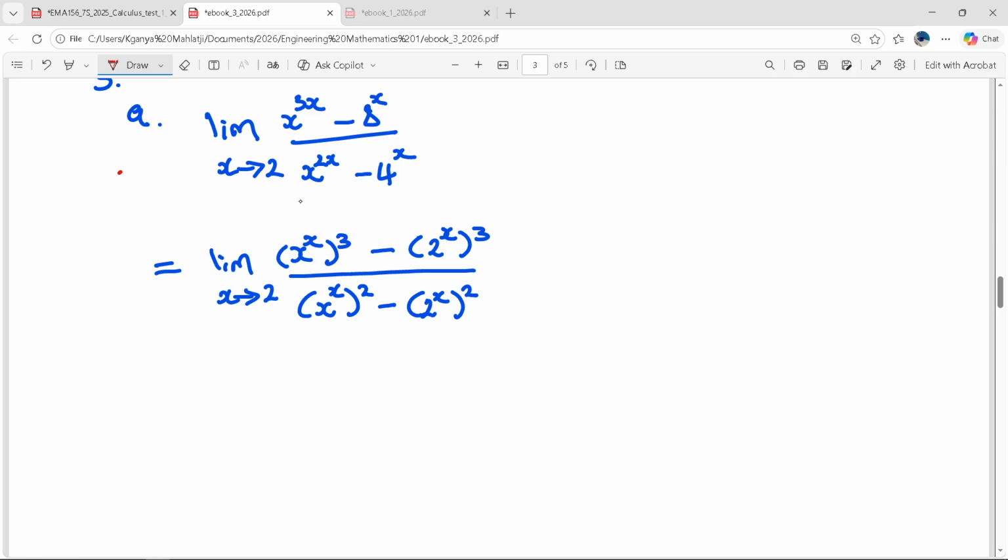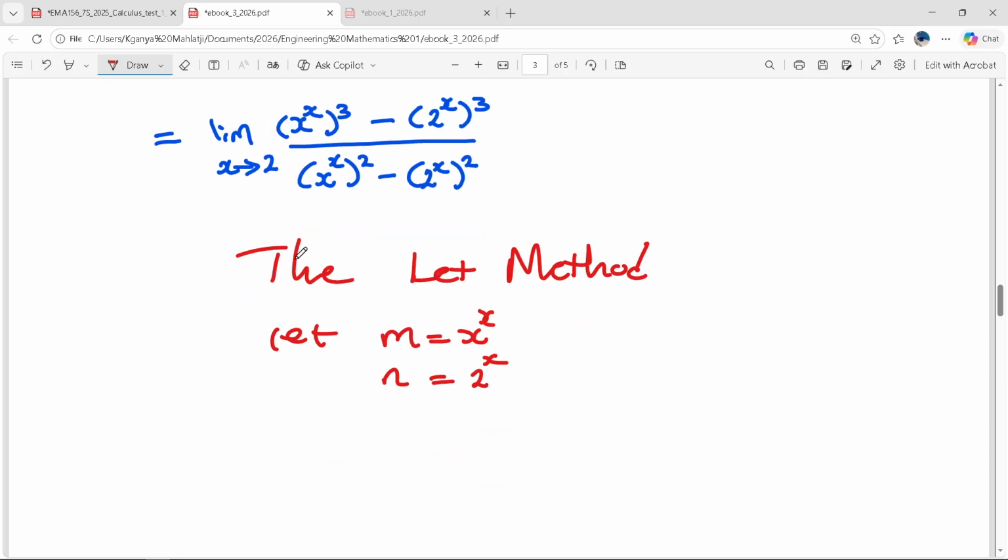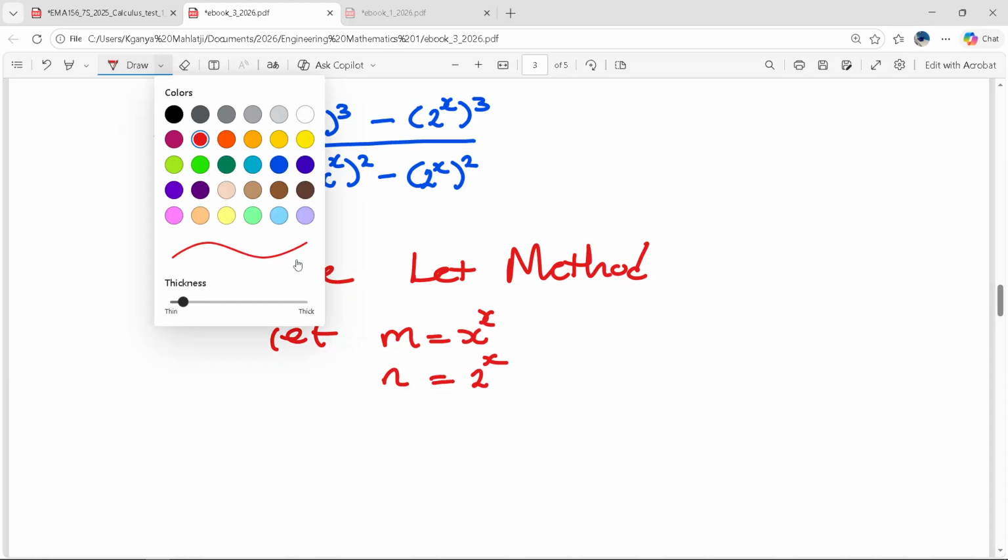Then from here you can use the let method. This technique is very helpful to simplify situations. You can just say let m equal x to the power x, and n equal 2 to the power x. Then we continue from here.